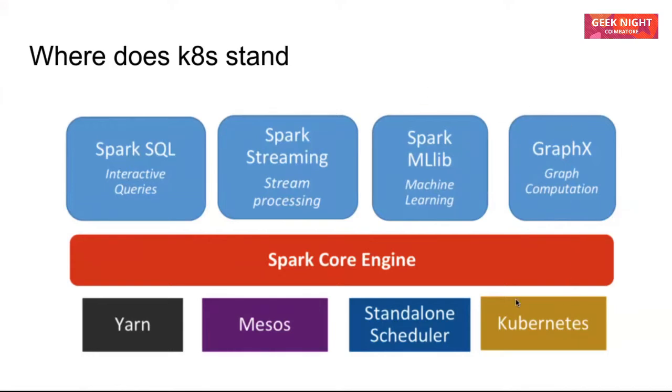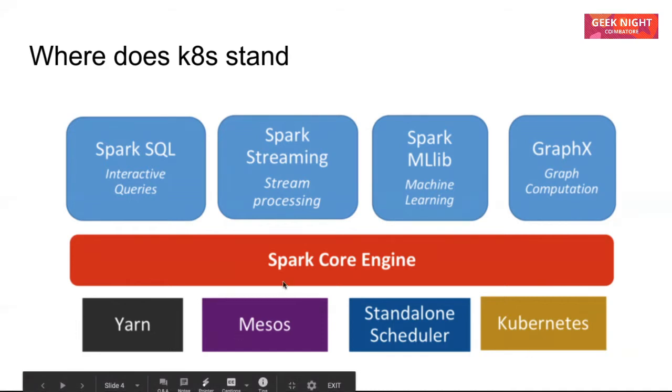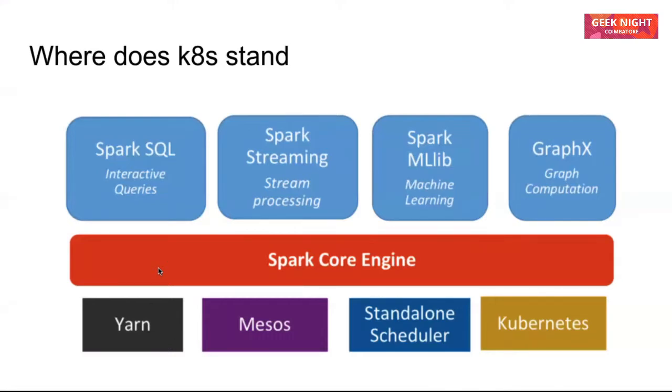Whereas what happens underneath Spark is what you can see here. Spark works with one of the resource managers to really negotiate and ask, for example, I need so many executors, I need to kill this executor, I need to apply this config to this executor.